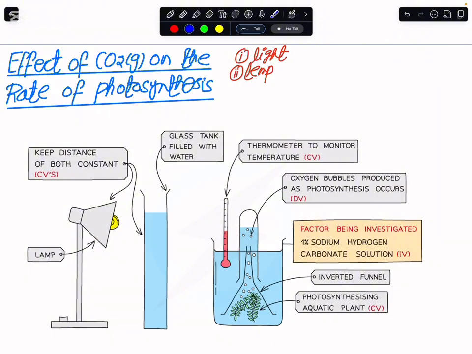I would start from the very minimum percentage and then keep on increasing the percentage of the sodium hydrogen carbonate solution, because this solution is the source of carbon dioxide. So if I increase the percentage of this solution, then ultimately the carbon dioxide concentration would keep on increasing. I would count the bubbles of the oxygen gas being produced. So this would be my dependent variable.